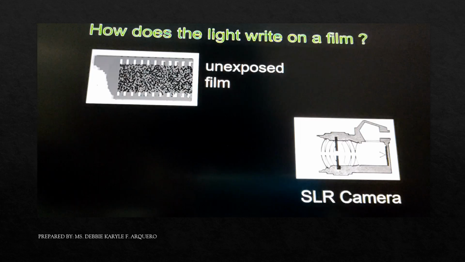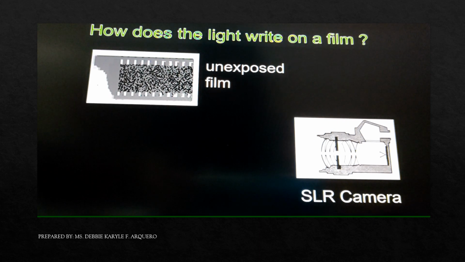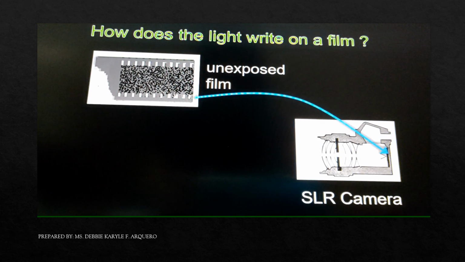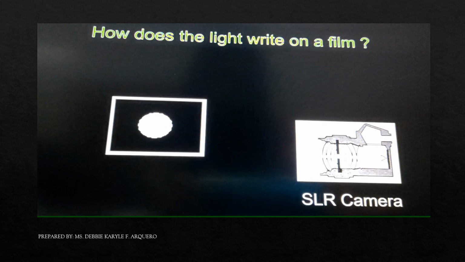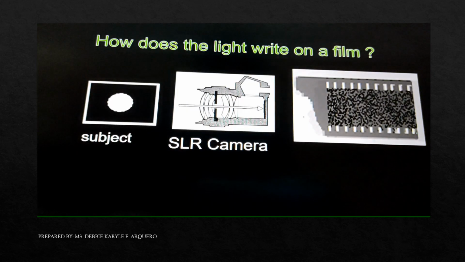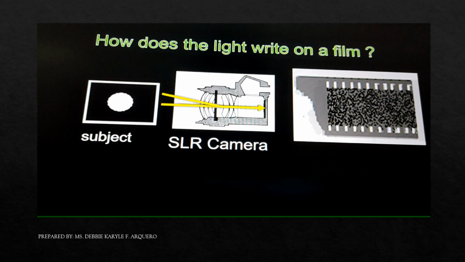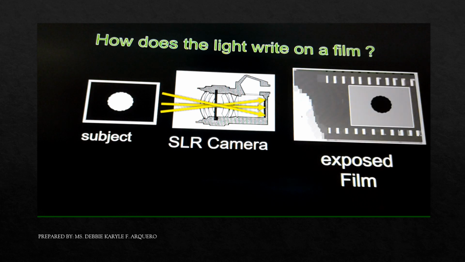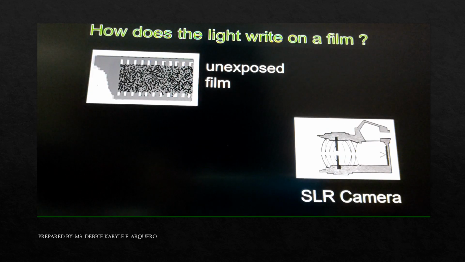Here is a simple illustration of how light will write on a film. As you can see there, this part is called the tongue of the film.